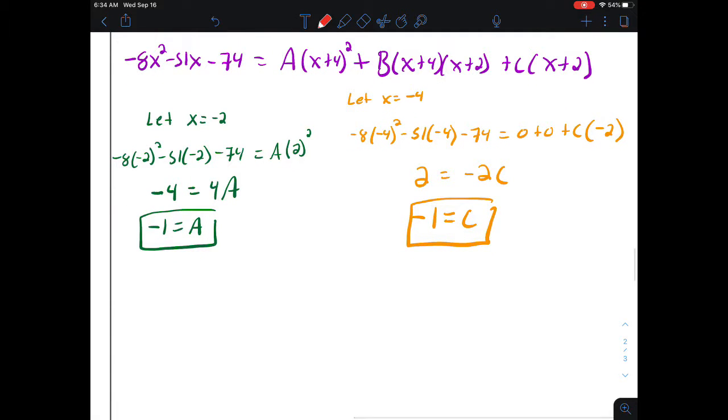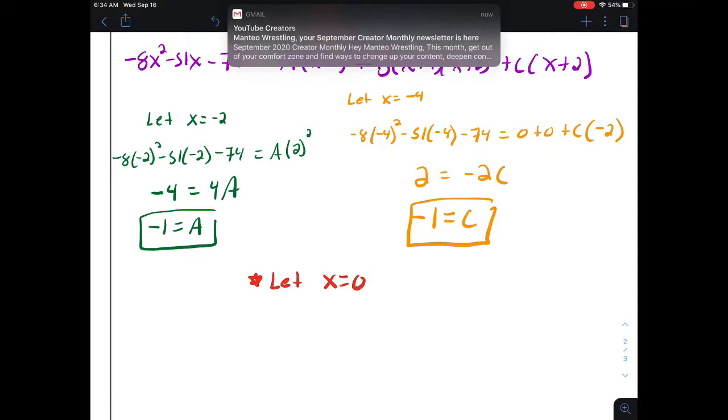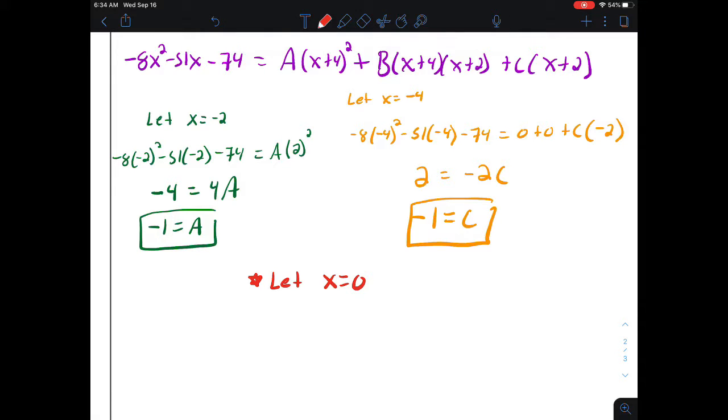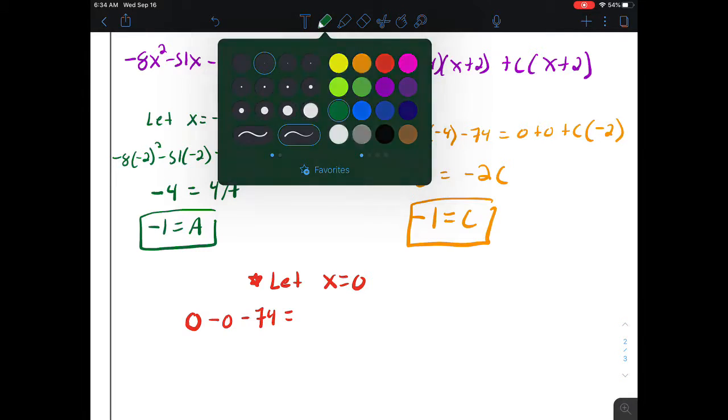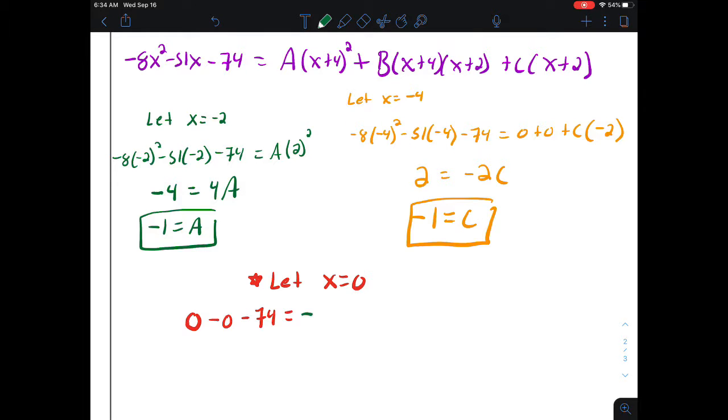So what you do to proceed here is you pick an x value, and I'm going to pick an easy one. I'm going to let x equal 0. I want as many things to cancel as possible here. So I'm going to put in 0 for all my x's and solve for hopefully b. So I'd have 0 minus 0 minus 74 equals, now I have to put a in, because I know a is -1.